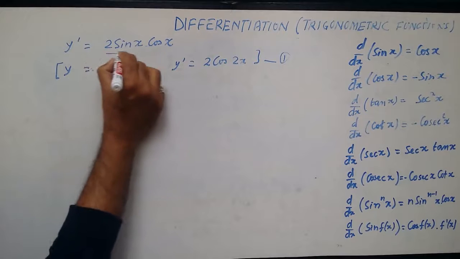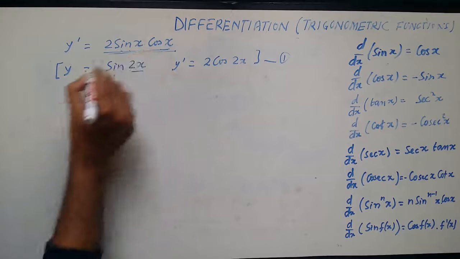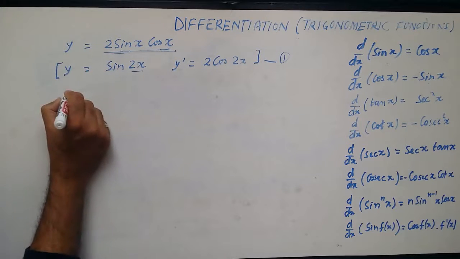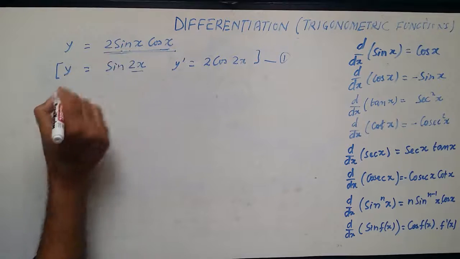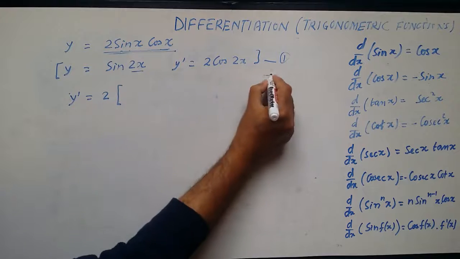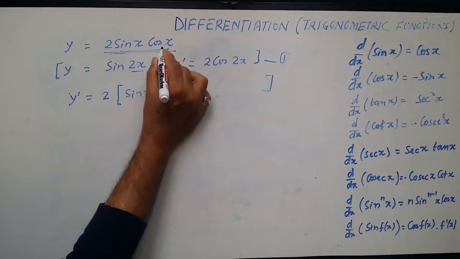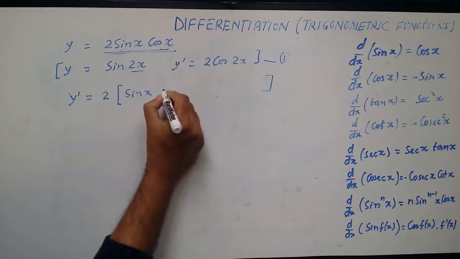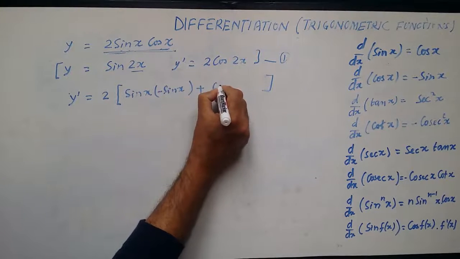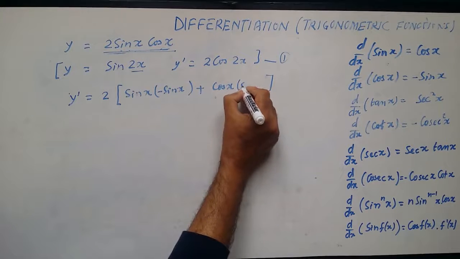Let's solve it using just the basic rules of differentiation, where it is a product of sine x and cos x. Y is equal to 2 sine x cos x. So y dash will be equal to 2. This is the first function, leave it as it is, sine x. The differential of cosine of x is what? Minus sine x. Plus, the second function, leave it as it is. The differential of sine x is what?